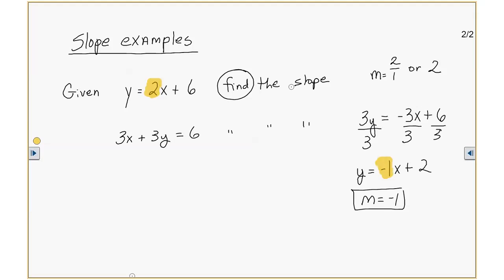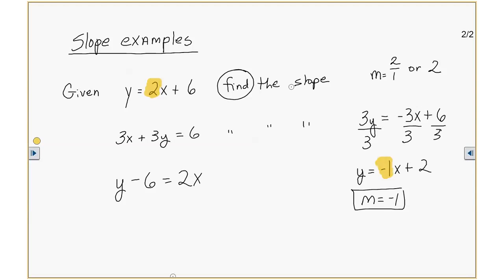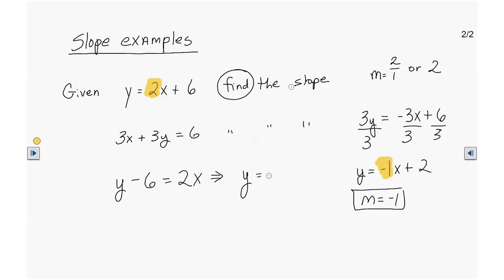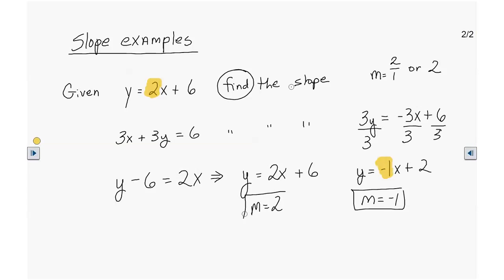How about this one? Move the 6 to the other side. And m is equal to what?